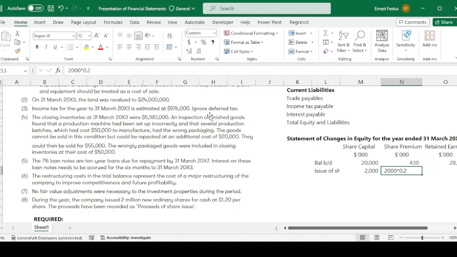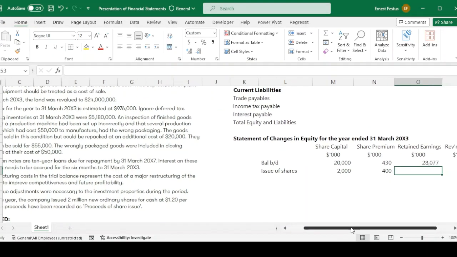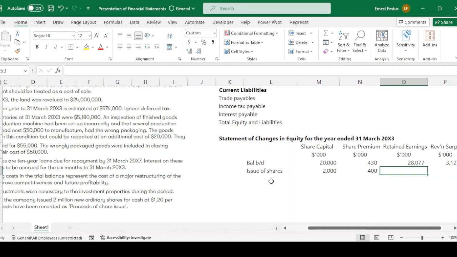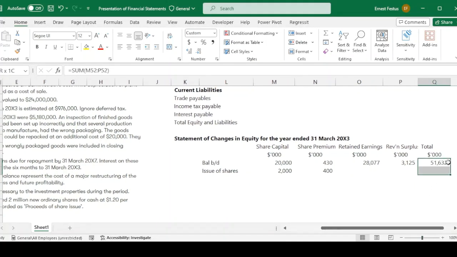Let me bring my equal to sign once again, and that is 400. And then we have that, so that is it. And I can bring my total here by copying the formula down.